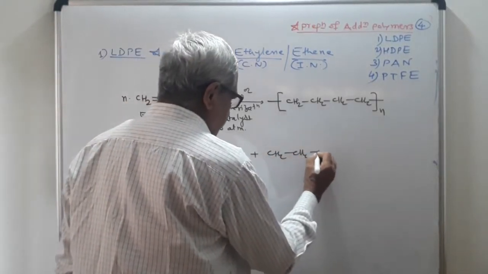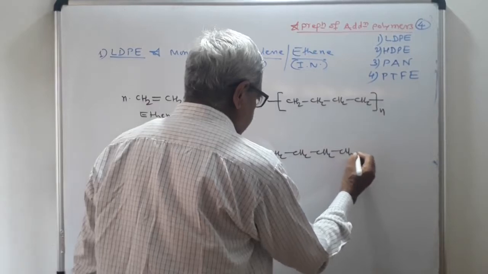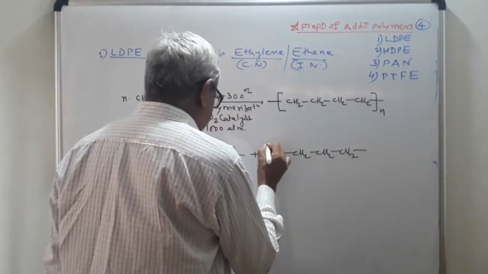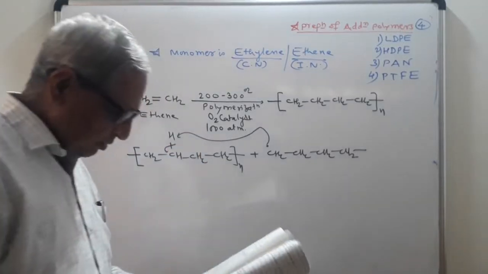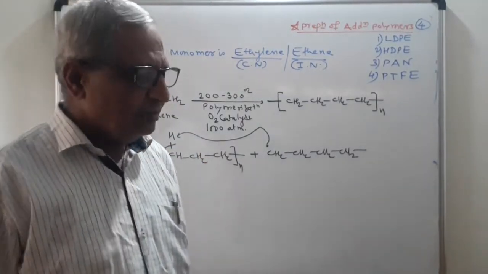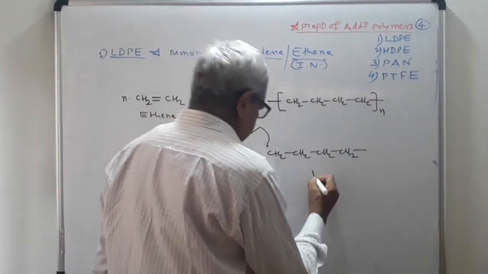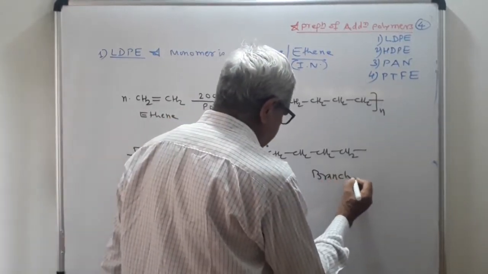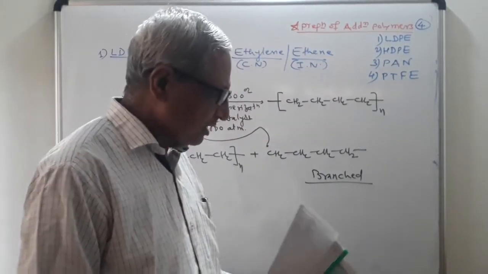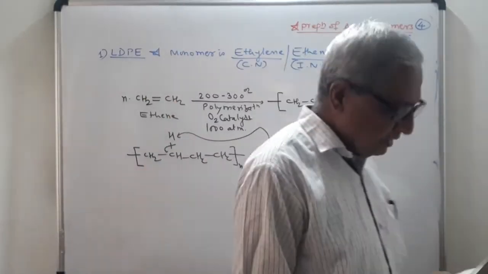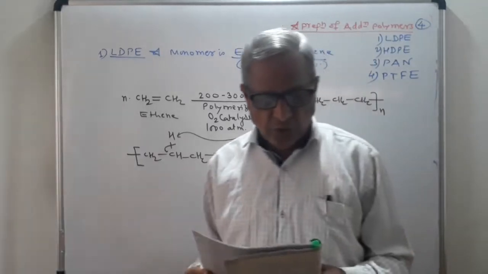And see here, this is the free radical. It can abstract here. This will be shifted here, and you will get the branched polymer. And therefore, density is low, as the surface area will be decreased.